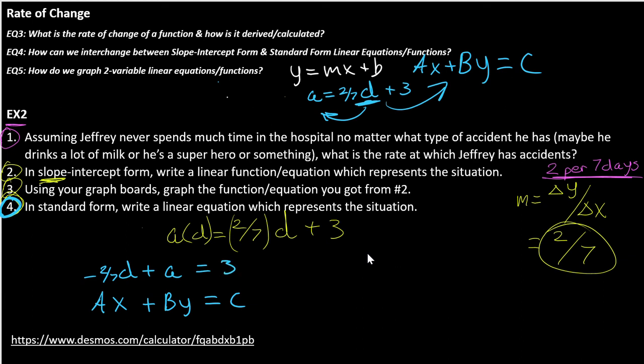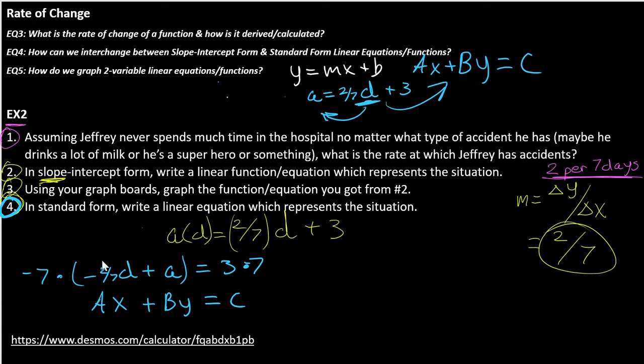The 3 is still left over here, which is fine, but I want this to be a whole number, right? And the only way for me to do that is to multiply both sides of the equation by 7 to make the fraction go away. And I also don't want this to be negative, so I'm going to multiply by negative 7, right?